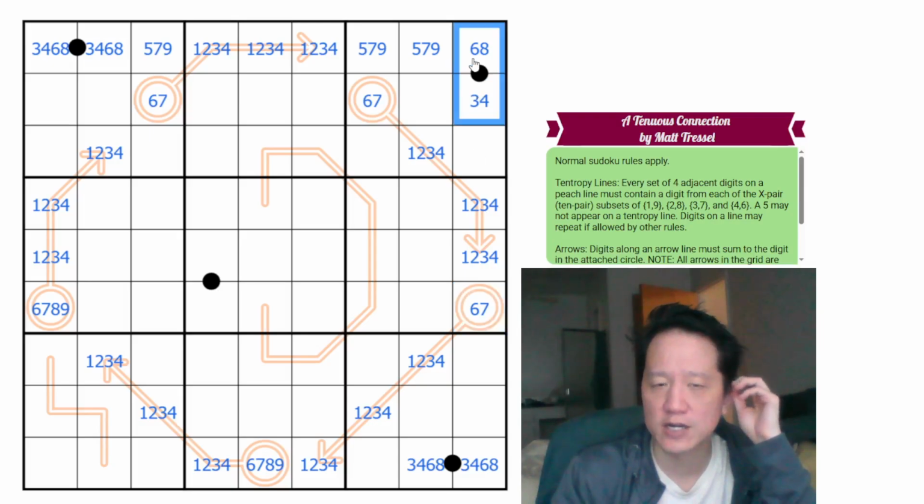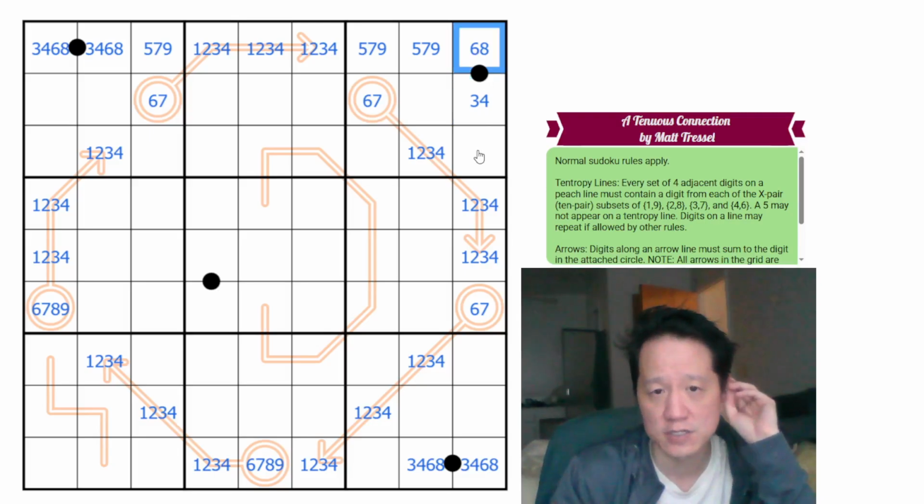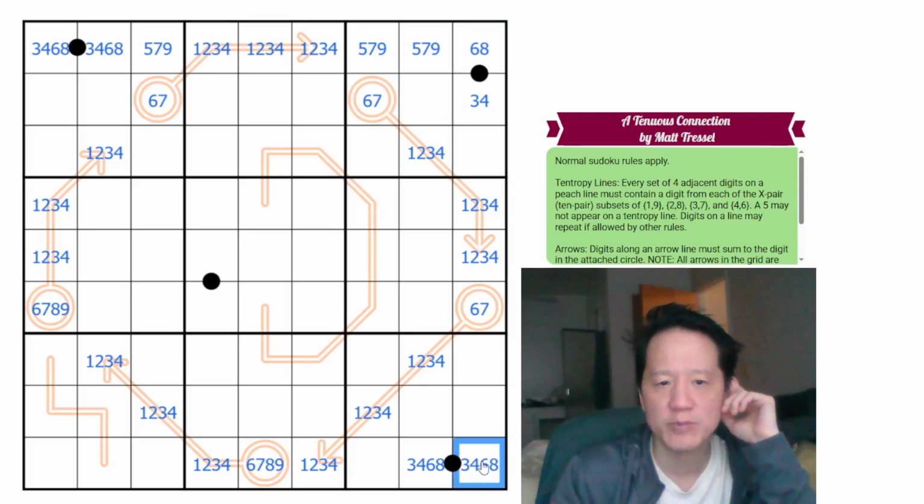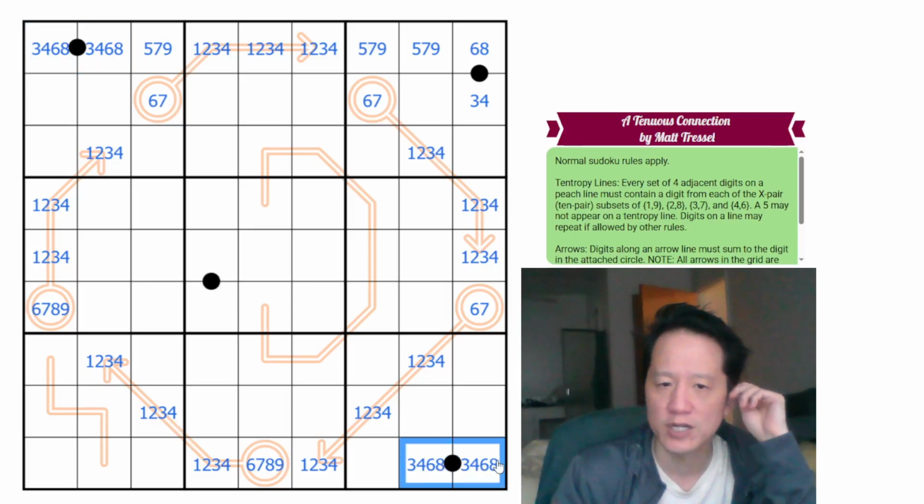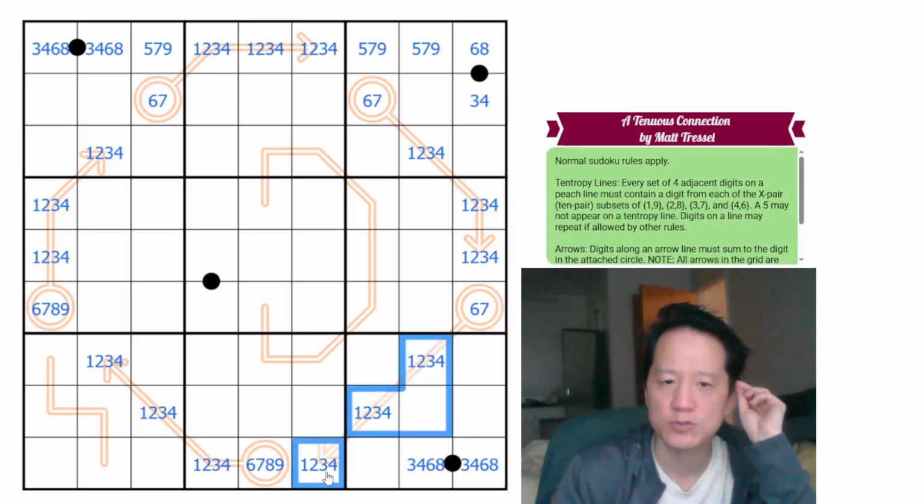So then we have a contradiction there. So this cannot be 3, 6. So again, if this is 3 and 6, that forces both of these to be 7. This 3, 6 pair eliminates 3, 6 from being in this cell, which means this cannot be a 3, 6 pair. So it must be a 4, 8 pair, which eliminates 4 from all these cells, which makes this 1, 2, and 3 added together, which means it has to be 6.